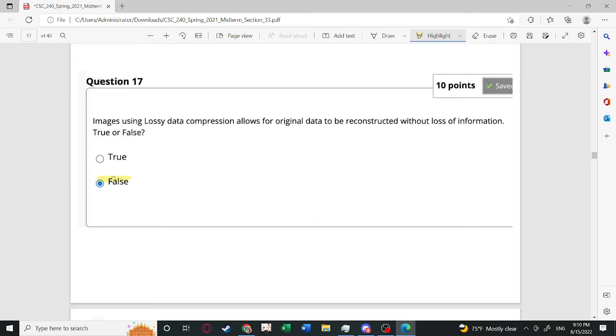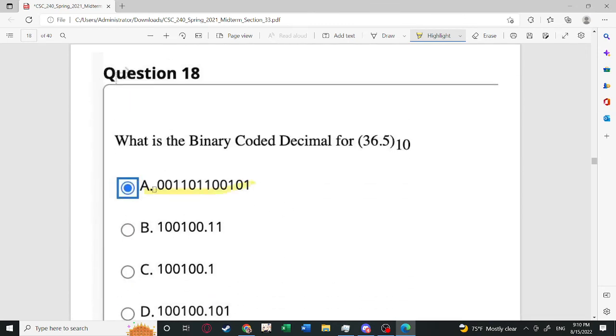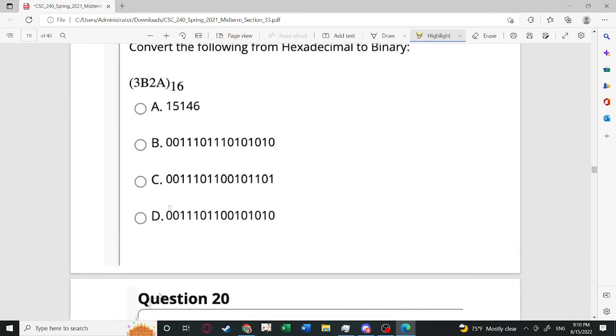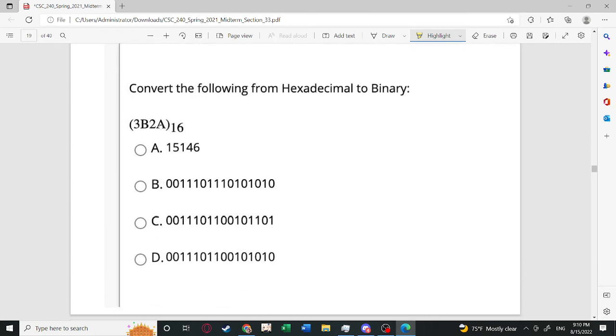This is false, correct again. 18 is A, correct again. 19 is three. B 10 10.